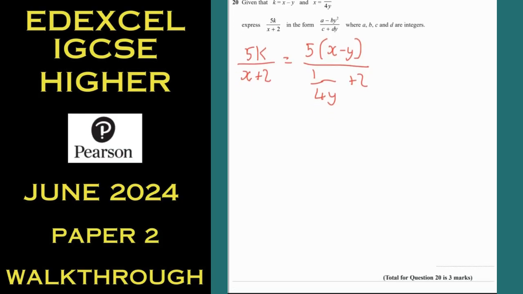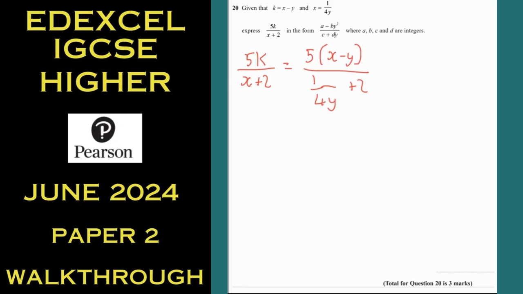But where do I go from here? Well, on the top, notice, always keep an eye on your answer. The answer doesn't contain any x's. So on the top, I'm going to expand the brackets. On the bottom, I'd like to combine these. Not actually going to need to, but I could.